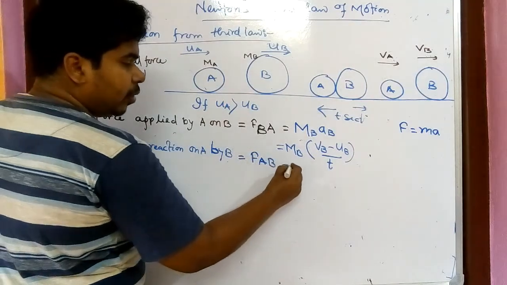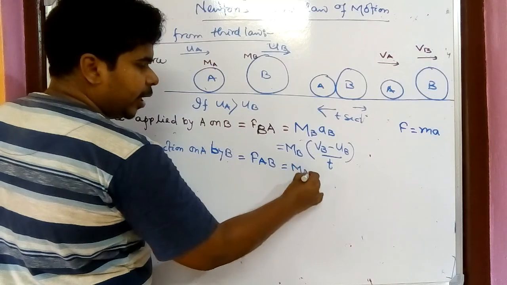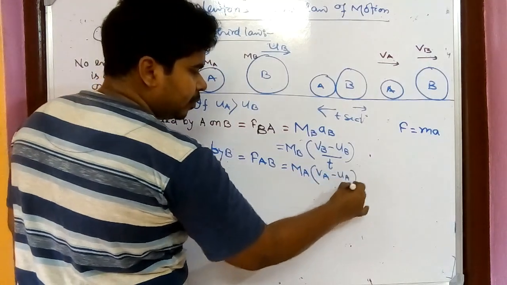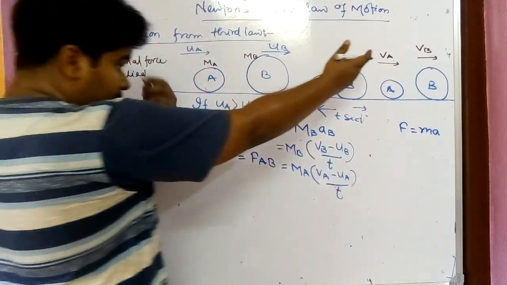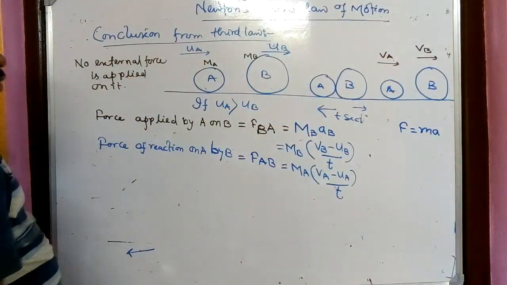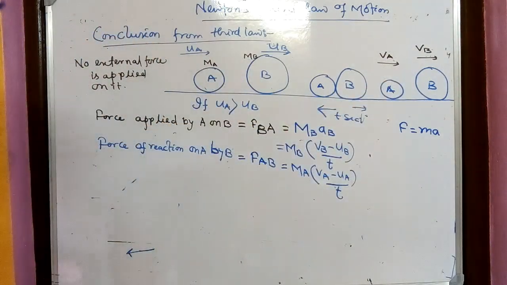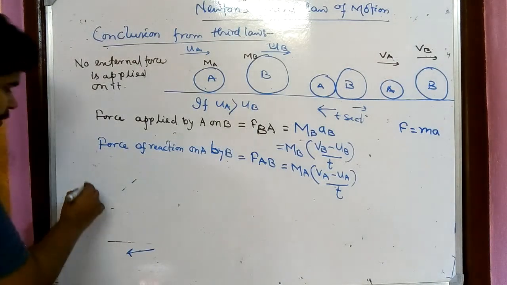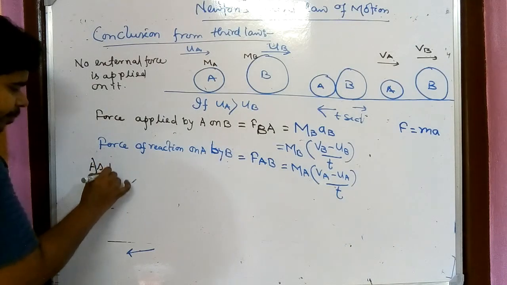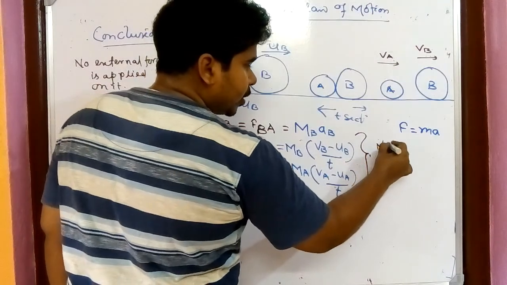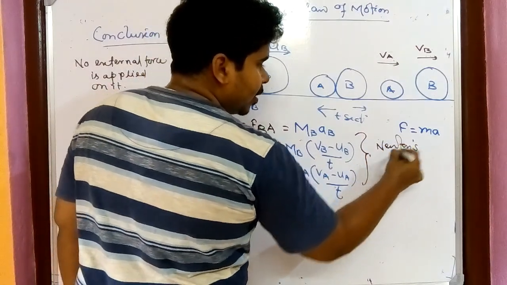FAB equals, directly we can write, MA into VA minus UA by T. VA is the final velocity, UA is the initial velocity, VB is the final velocity of B, and UB is the initial velocity of B. So this is our calculation, and this can be written as per Newton's second law.